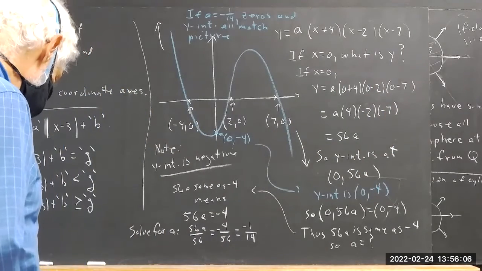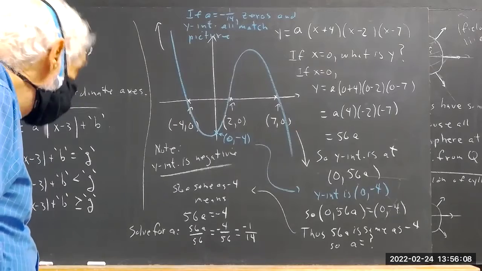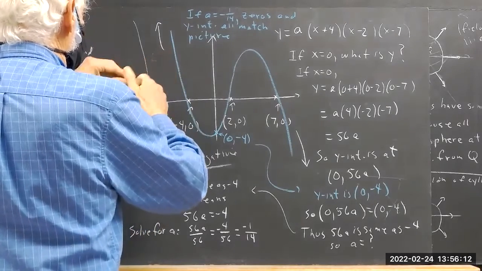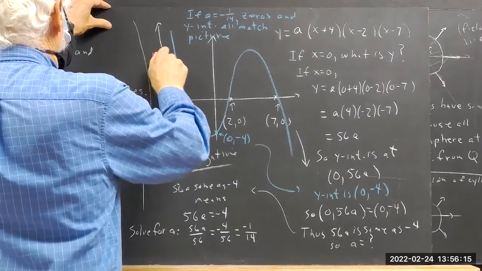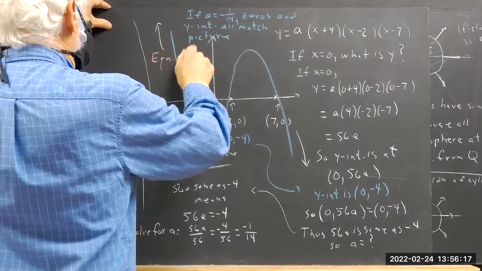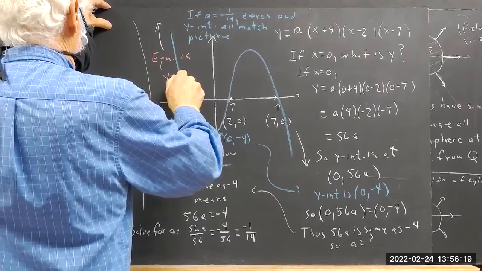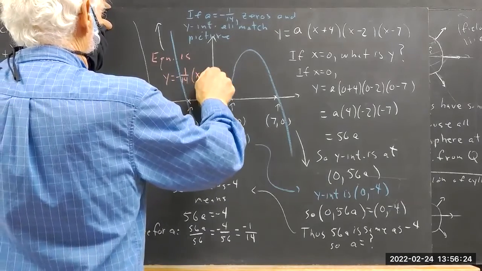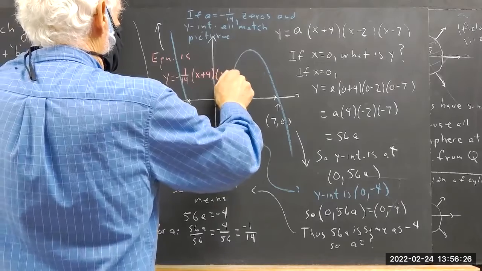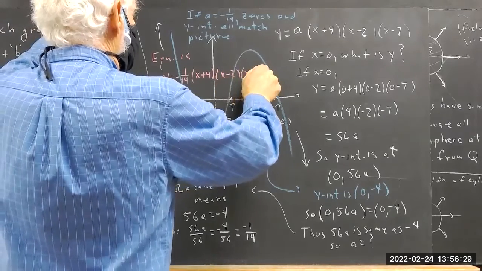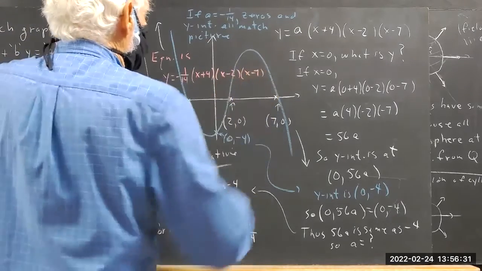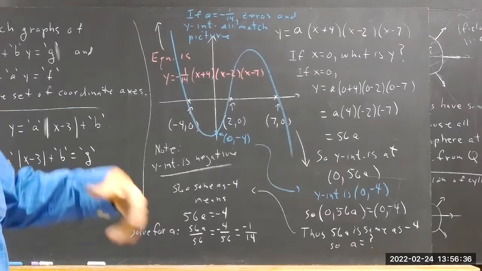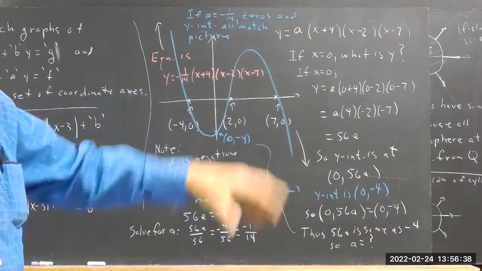So now the equation is this: -1/14 times (x + 4)(x - 2)(x - 7).